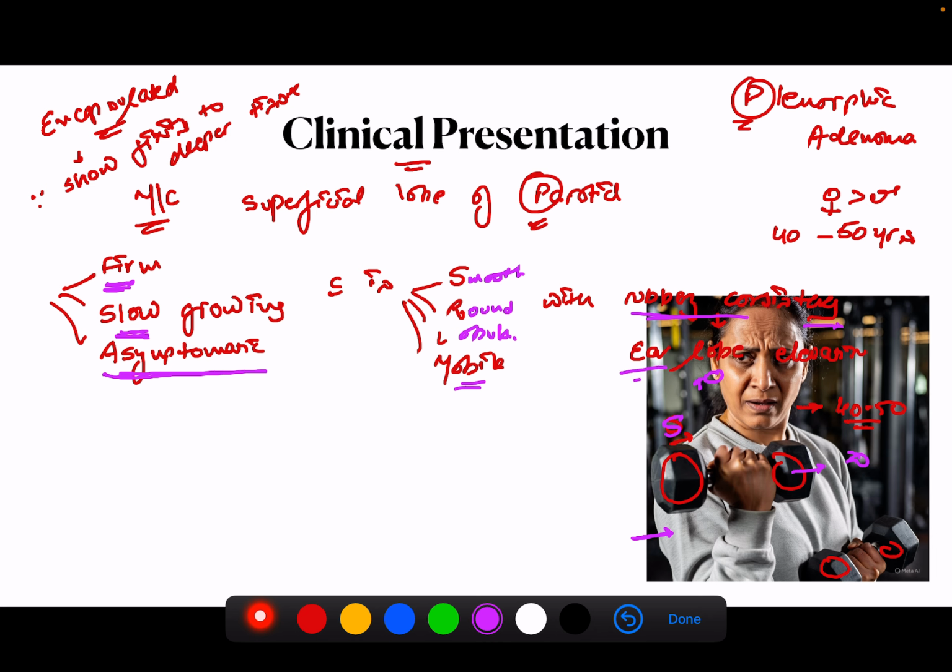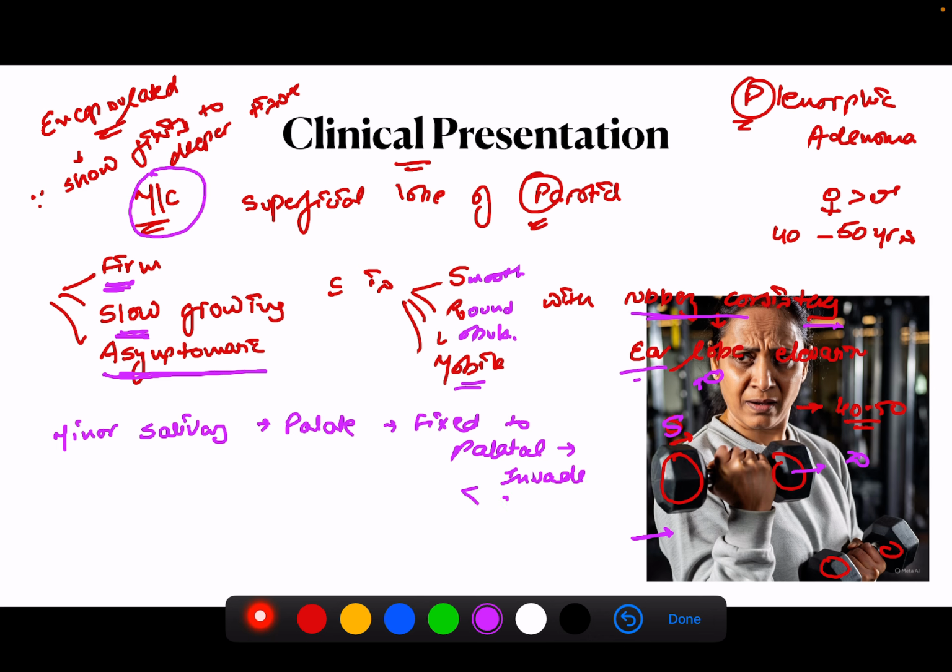Now coming to the other structures affected, since most common is parotid, others will also be affected. When minor salivary gland is affected, mainly at the palate, it may appear fixed to the palatal bone, and once it has been fixed, it can invade or erode the bone.